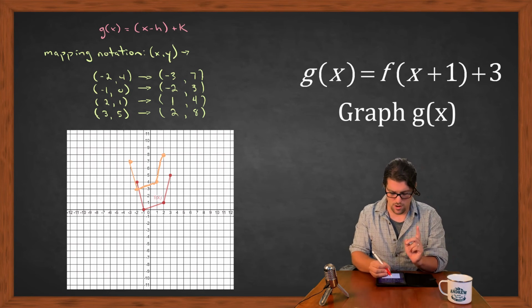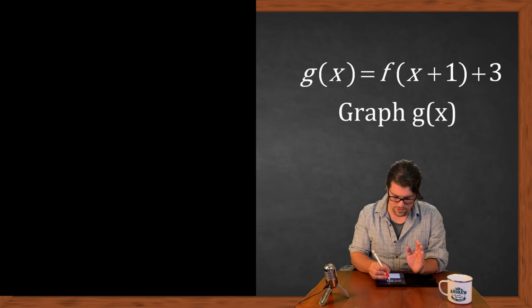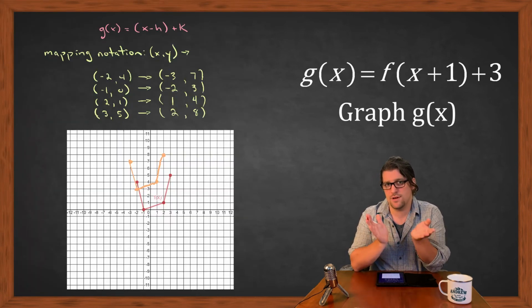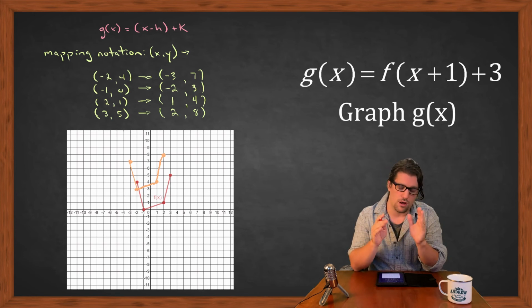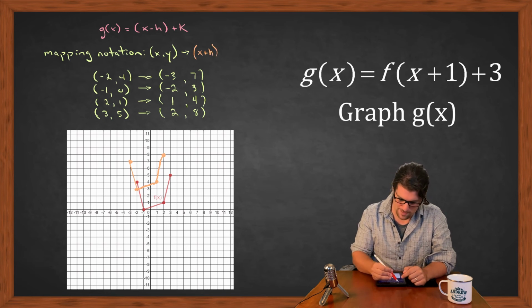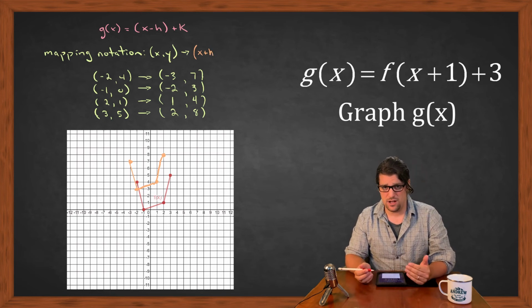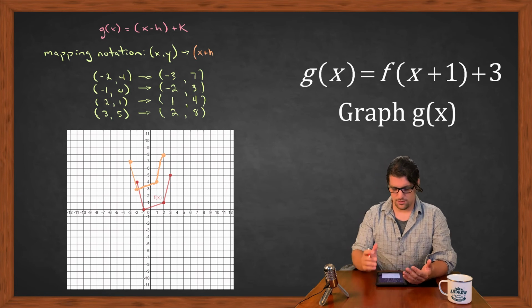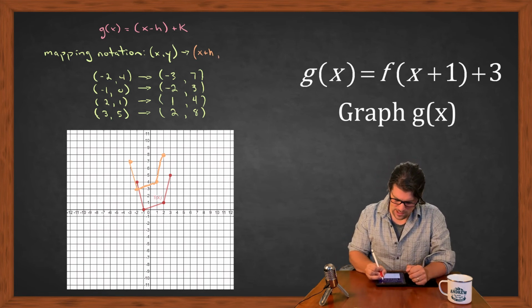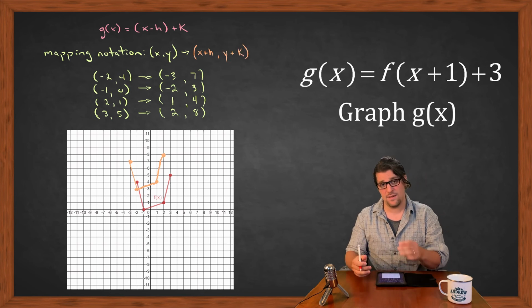If we wanted to create a general form for this mapping notation that would allow us to use it every single time without putting a whole lot of thought into it, we would say, well, what we have been doing is adding on the h parameter to the x value every single time. So it's x plus h, whatever that h happens to be. And it also is y plus k, whatever that k value happens to be.